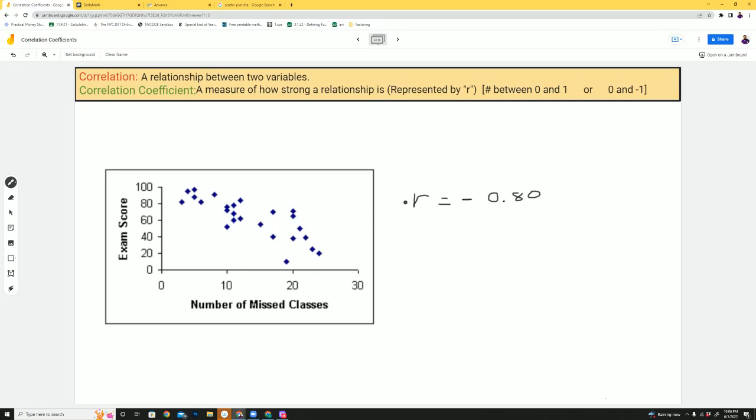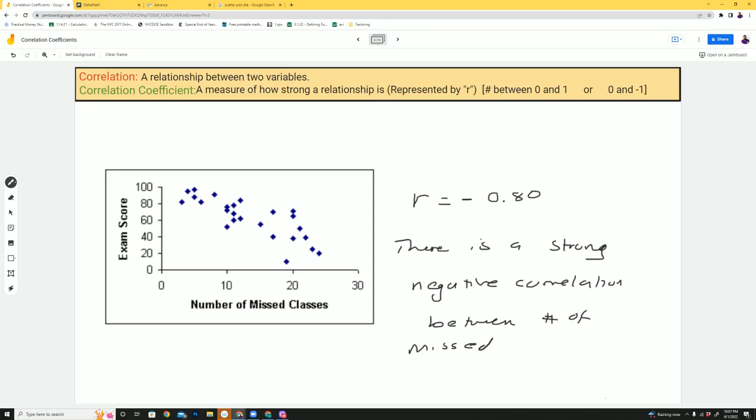That's just an estimate, and this number indicates there is a strong negative correlation between number of missed classes and exam scores.